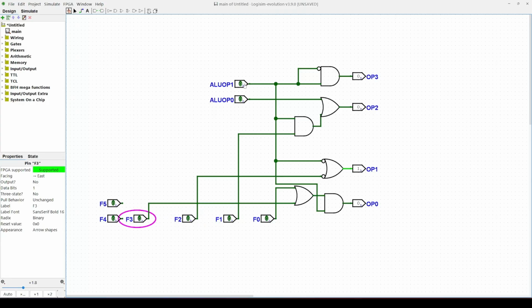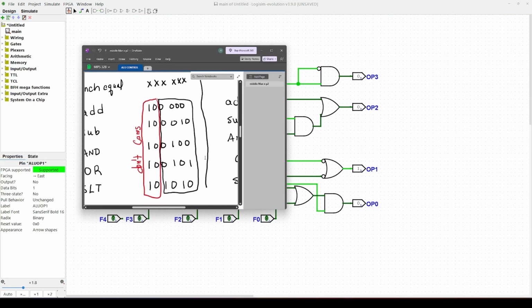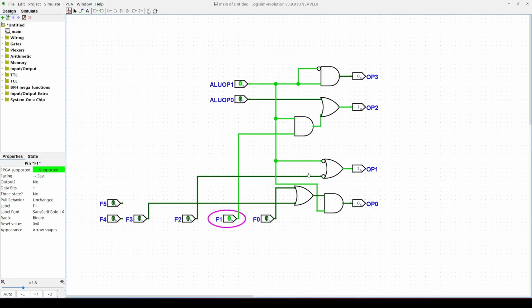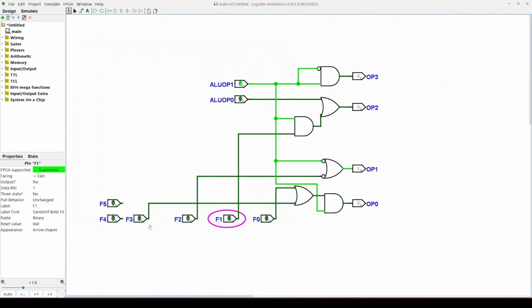We want an addition. Now, if we put 01, then we have a subtraction. Now, if we do a 1, then we are in the R-type instructions, and then it depends on what I have there. So for 10, I have 0010. That's an add. For 10, 1010, I have an SLT instruction, and this is our circuit for our control unit.